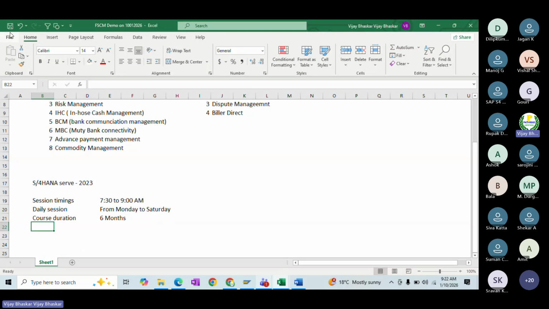Before moving further, I just want to give some information. First, I will not entertain freshers joining the FSCM sessions. Some people may think they can start their career right after completing graduation or post graduation. If they would like to learn, I will not entertain them to join the session, because it is completely blank for them.